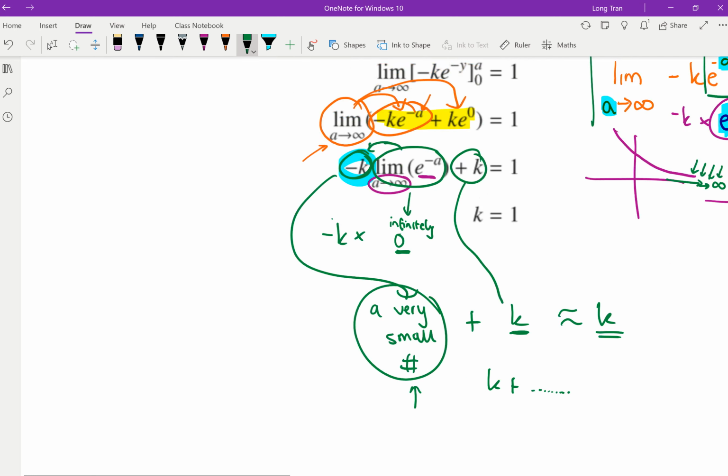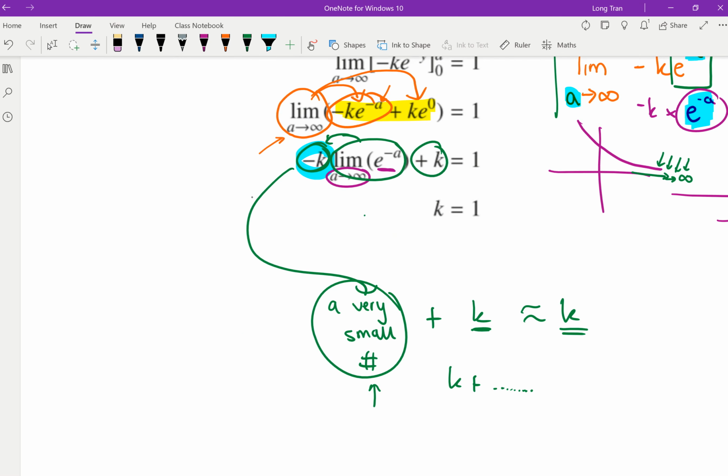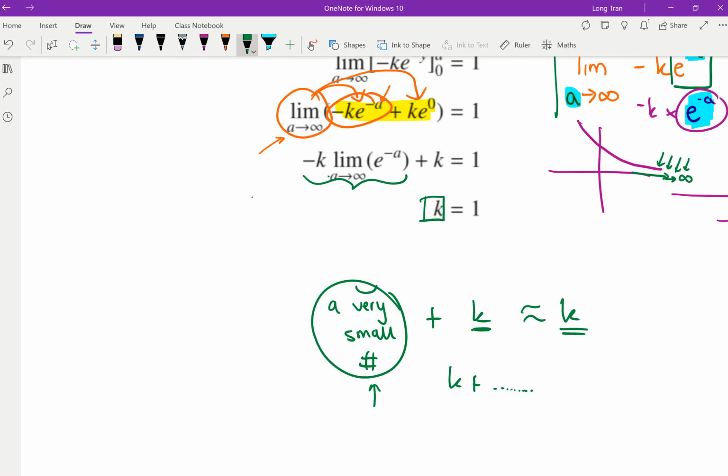So that's why in this particular line here, they've simplified this entire line and said this will approximately be a very small number, which let's call 0, or imagine 0. It's not 0, but imagine 0, and you're adding that on to k. Well, then the overall result will be approximately k is equal to 1.